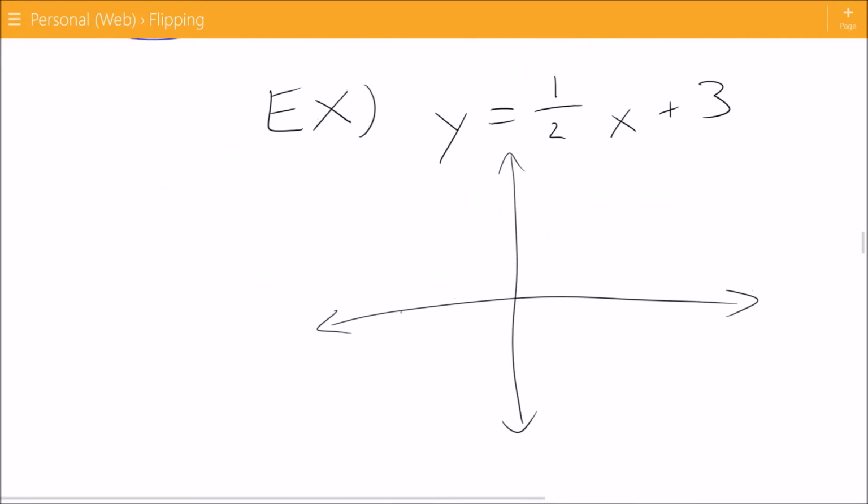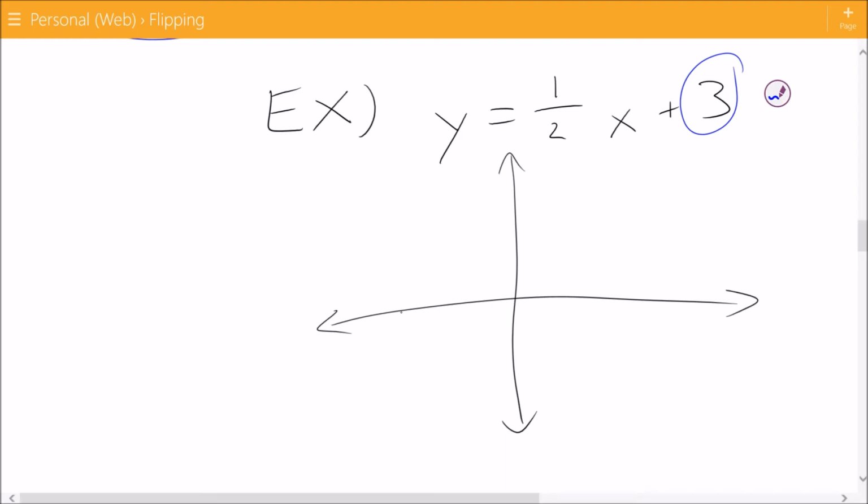Let's take a look at how we can interpret a linear function in slope-intercept form. So if I need to graph this, I've got y equals 1/2 x plus 3. So I'm going to start with the b when I graph. This is my y-intercept.